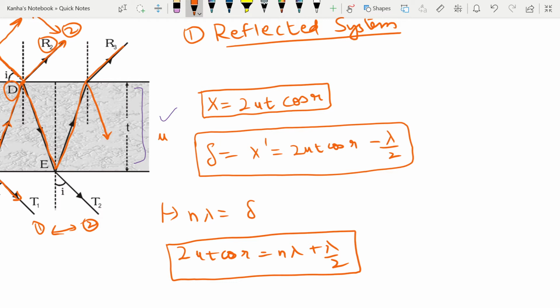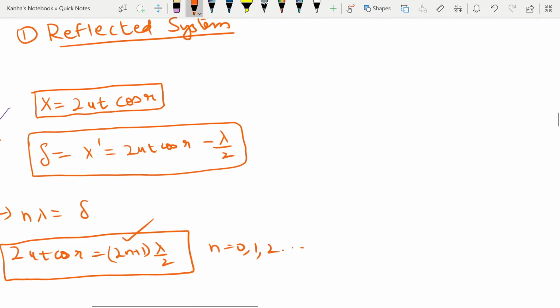So this implies that the film will appear bright if 2 mu t cos r is equal to (2n plus 1) lambda by 2, where n is equal to 0, 1, 2. So what you see is at odd multiples of lambda by 2, you are getting bright fringes. What about the dark fringes? So this was the case for bright.